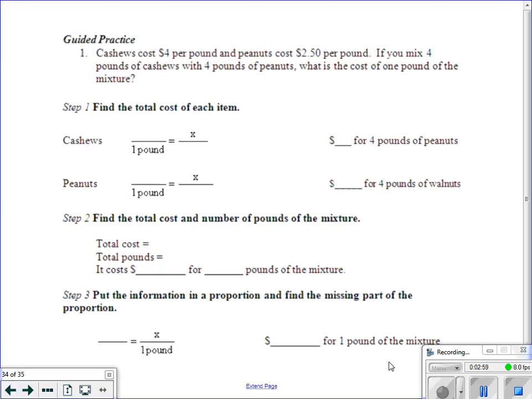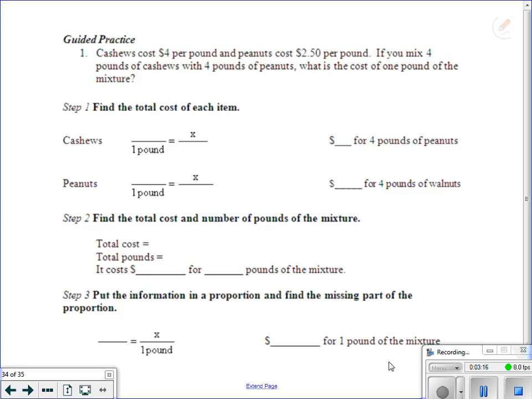Now for this example problem, we've got cashews that cost $4 per pound and peanuts that are $2.50 per pound. We're going to mix 4 pounds of cashews with 4 pounds of peanuts. What is the cost of 1 pound of the mixture?